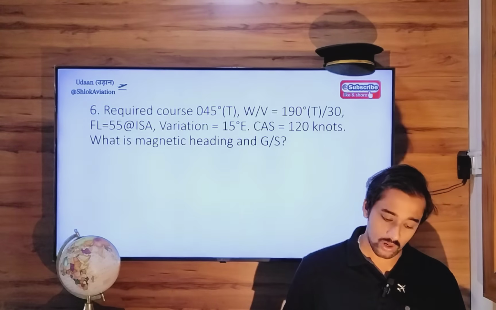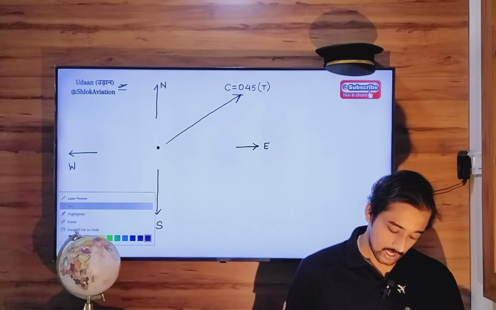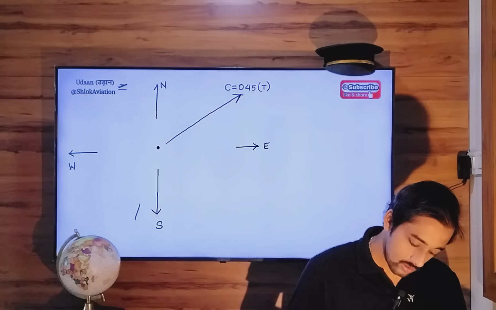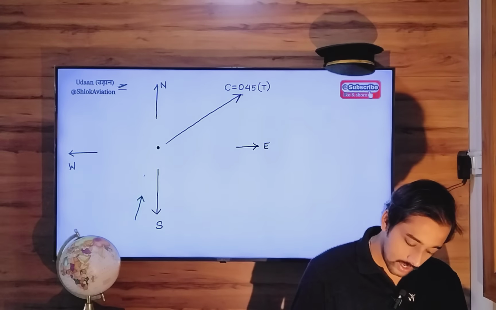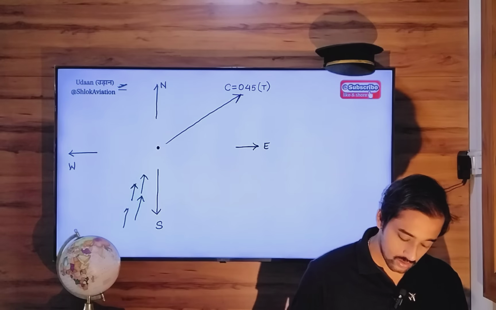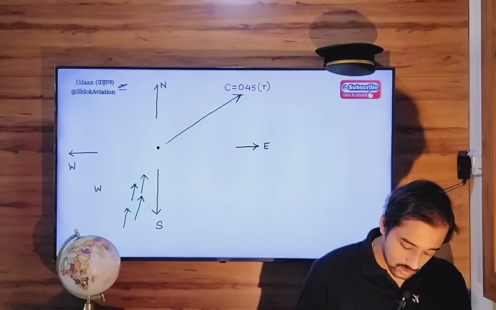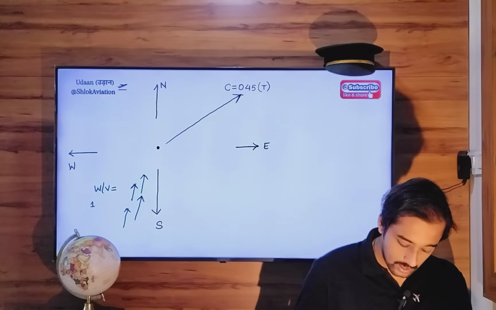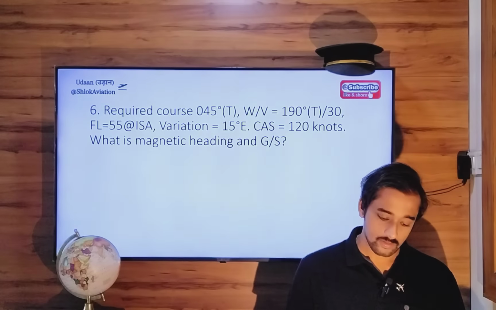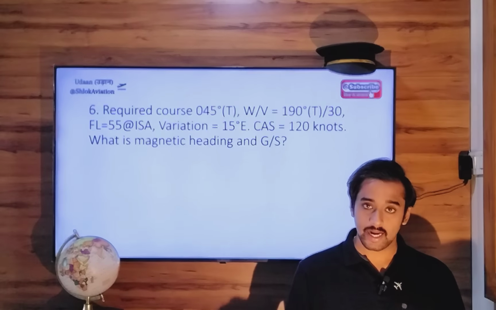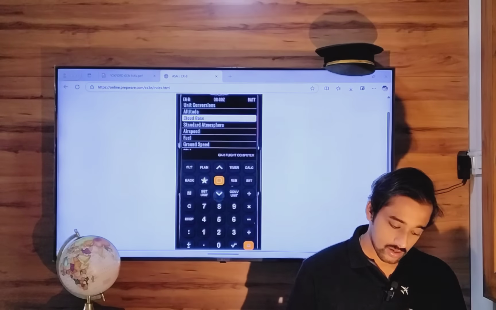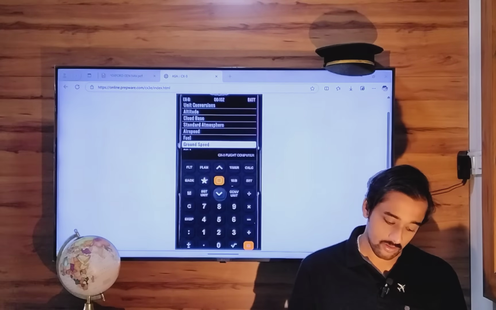Winds are coming from 190, a southeast direction, at 30 knots speed. Next. Now what is the magnetic heading and ground speed? Use your CH3. Go to the wind option.